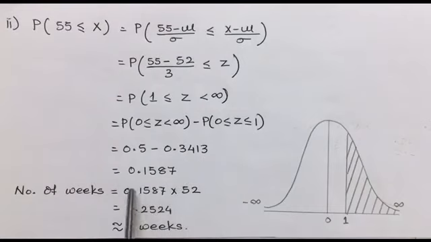Subtracting both we get 0.1587. Now as it is asked number of weeks to be calculated, it is to be multiplied with 52. We get here the multiplication as 8.2524, which approximates to 8 weeks.